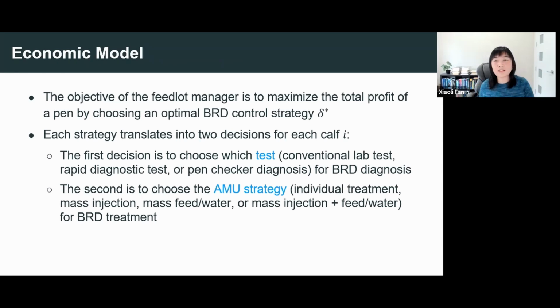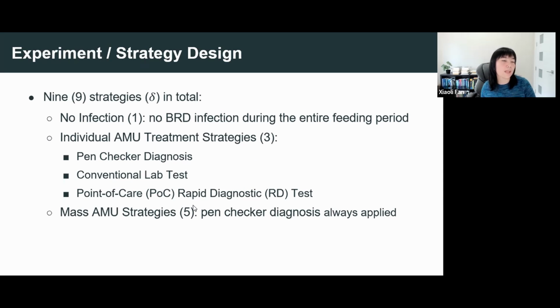Anyway, in our economic model, I didn't have a model that is solving the optimal decision every day. Instead, we have the feedlot manager choosing among strategies. Each strategy is a combination of antimicrobial use decision and also the test decision.